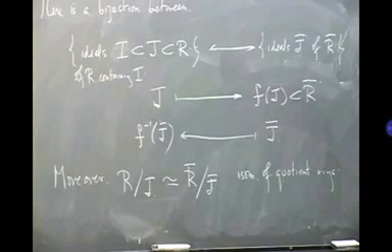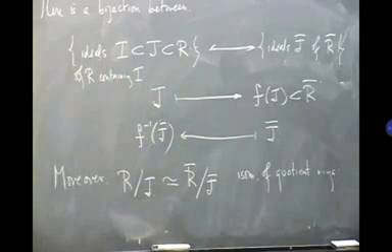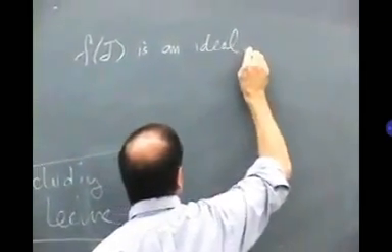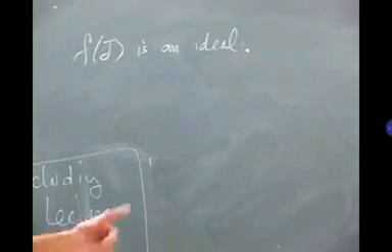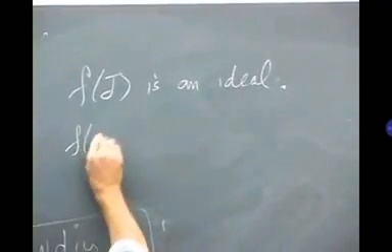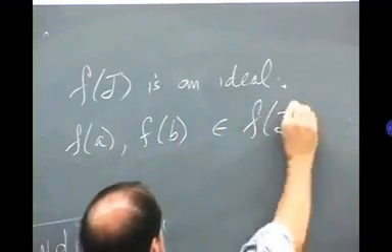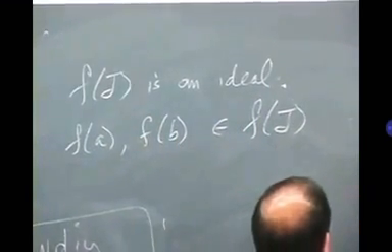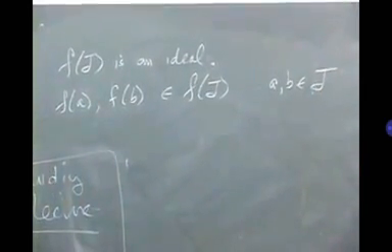So let's see that this f of J is an ideal of R bar. Well, you have to check that it's closed under addition and multiplication from R bar. So let's assume that we have f of A and f of B are elements in f of J, where A and B are in J. Is the sum in f of J?